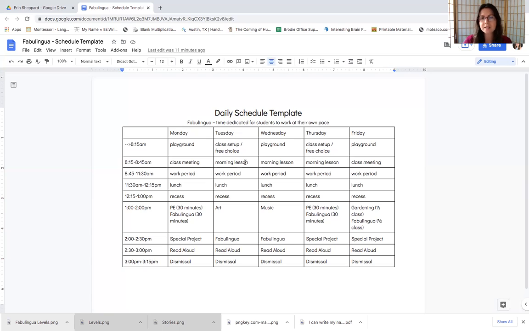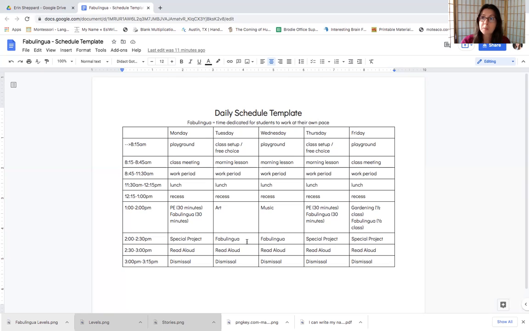Of course, this depends very much on if the teacher is fluent in Spanish. If not, then they may not feel comfortable using a morning lesson time where you have all of the students at once to do some bigger games or activities, but I would consider that time as available for those bigger concepts.